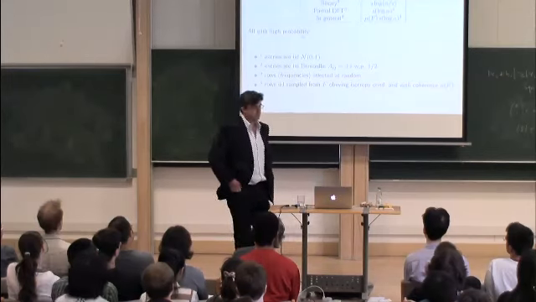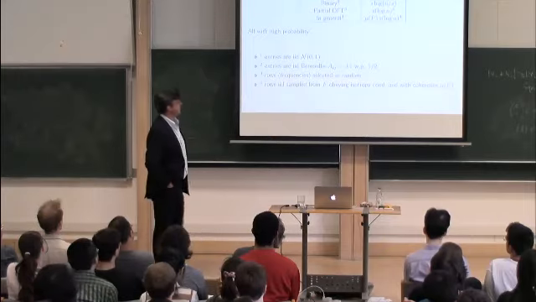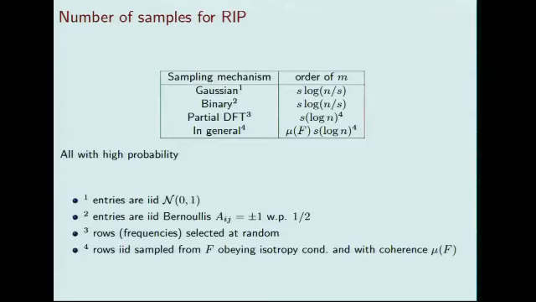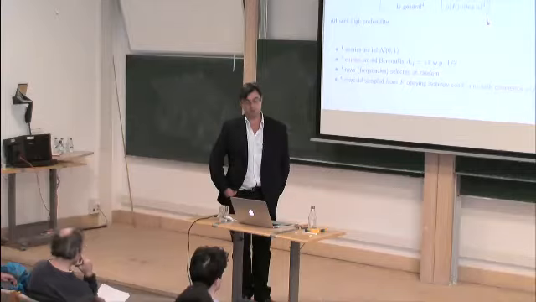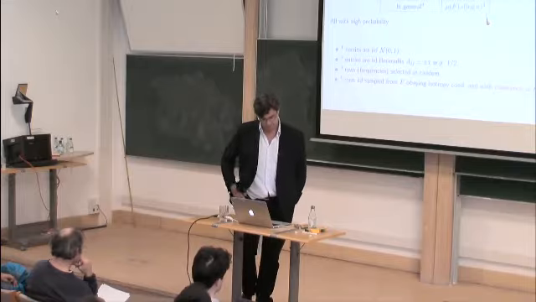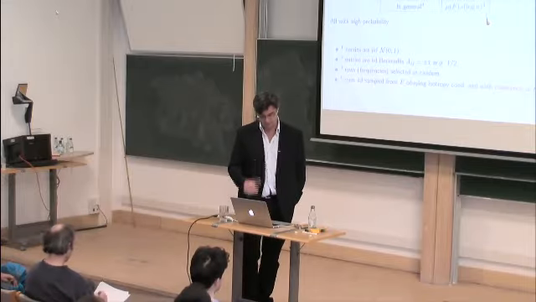In general, if we take the general ensemble that I discussed this morning, where you sample from a power distribution with this incoherence property, then it's the same as Fourier, except you multiply by the coherence parameter. So for many random ensembles, we know that the restricted isometry property holds, and we're in good shape.